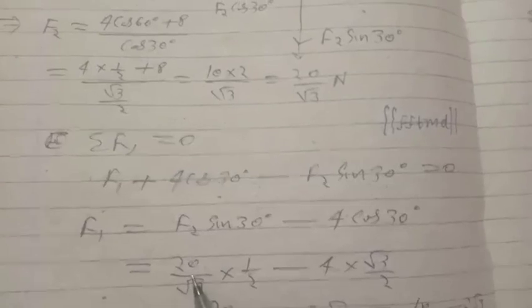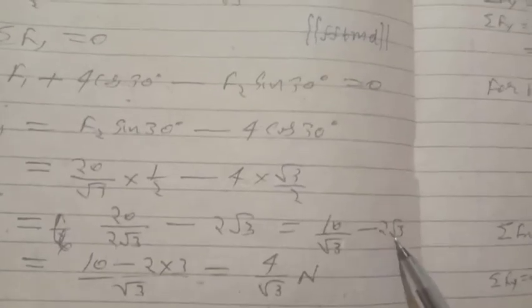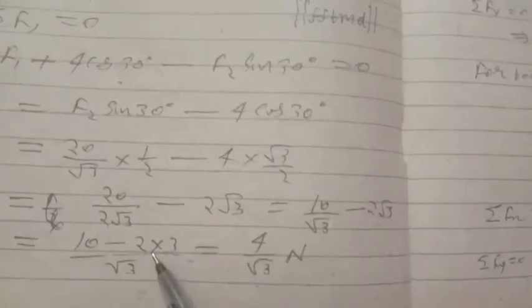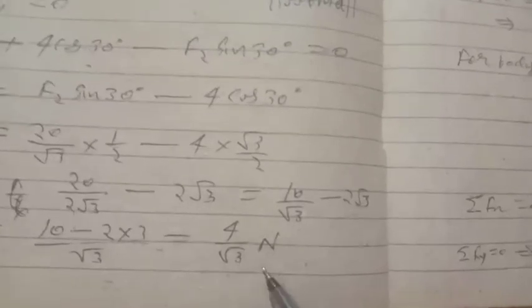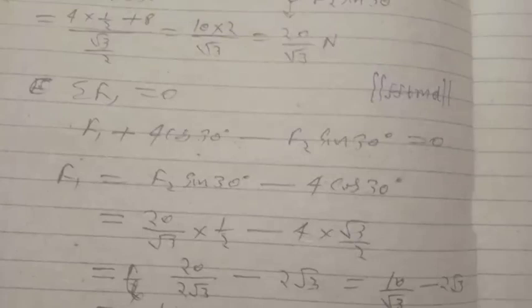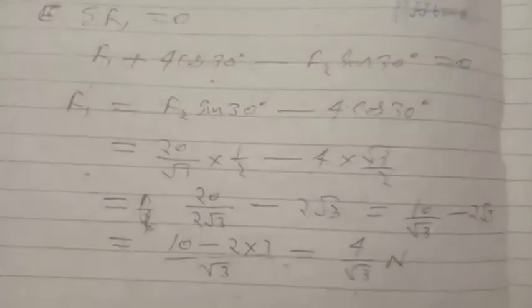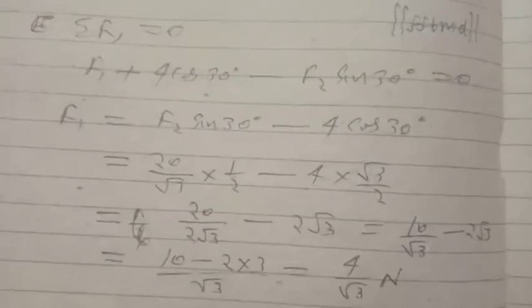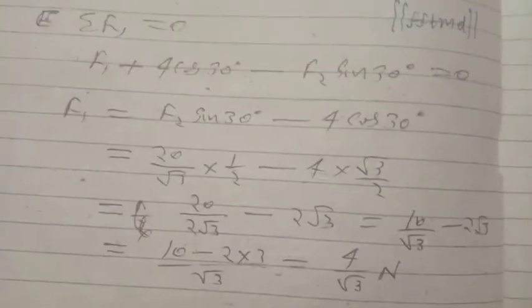Put the value F2 equal to 20 by root 3 into sin 30, 1 by 2, minus 4 into cos 30, root 3 by 2, and solving, 20 by 2 root 3 minus 2 root 3 equals 10 by root 3 minus 2 root 3. 10 minus 2 into 3 by root 3 equals 4 by root 3, answer. So we can solve different problems using the equilibrium condition of the forces.